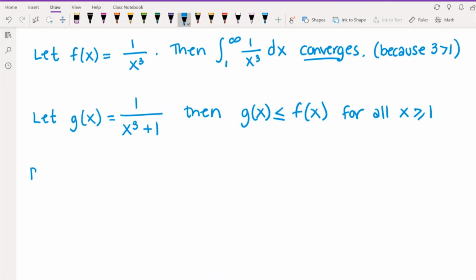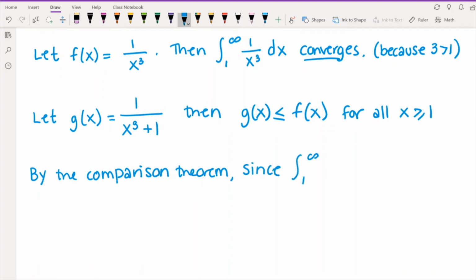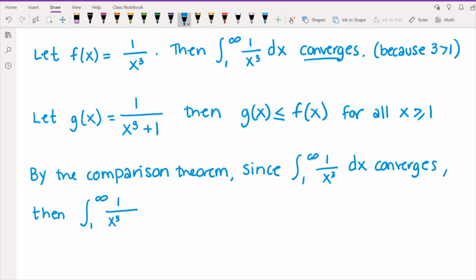Well, by the comparison theorem, since the integral from 1 to infinity of 1 over x cubed dx converges, then this other function we're focusing on, because it's smaller, that integral also has to converge. It's below the other one, and we'll look at a picture of that in a second.